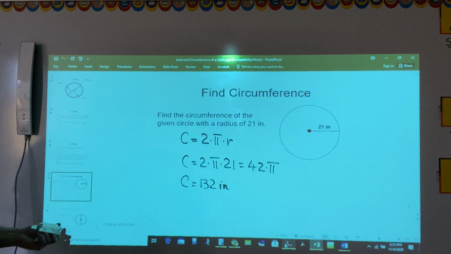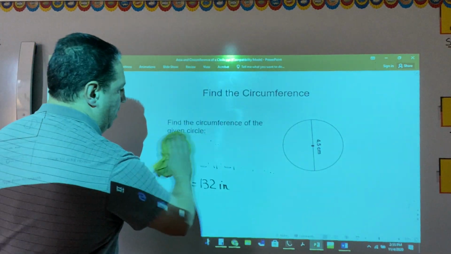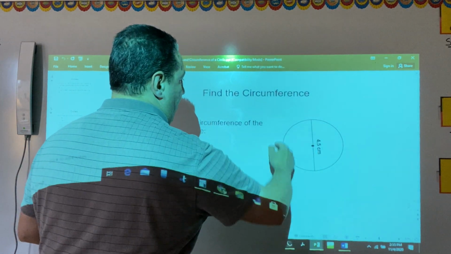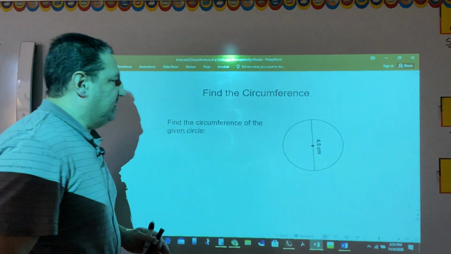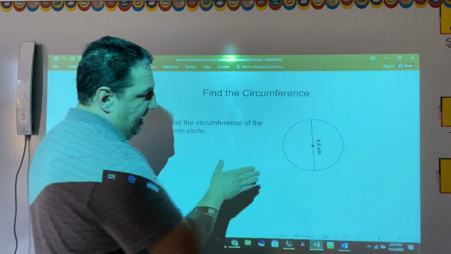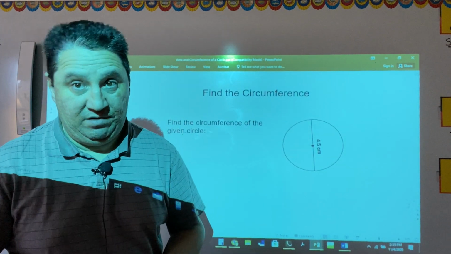Good. Another example. This circle is given this time. Find the circumference of the given circle. In this case, the diameter is given, not the radius.